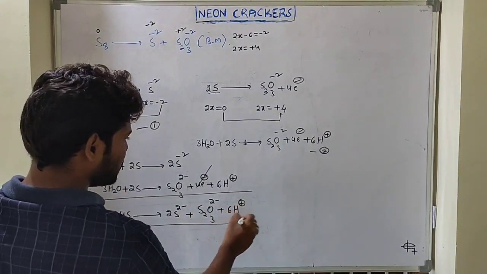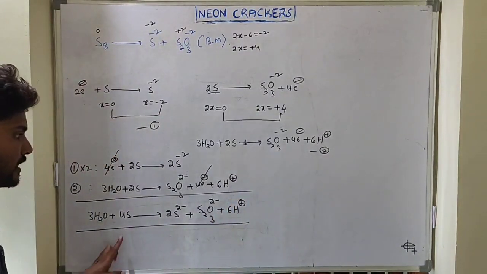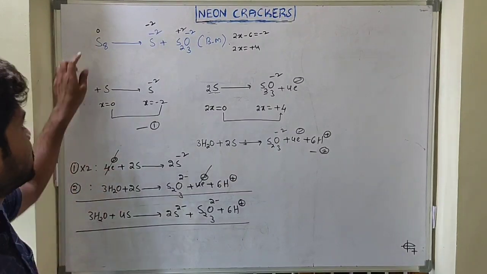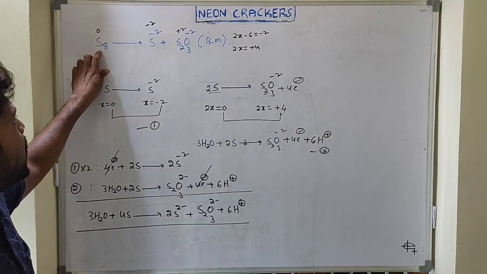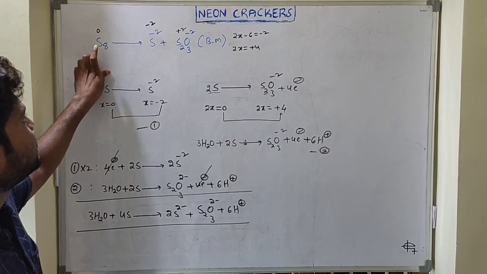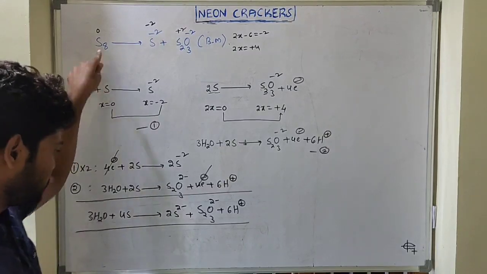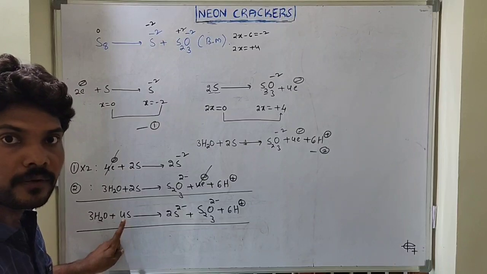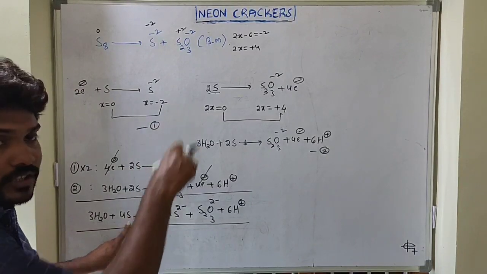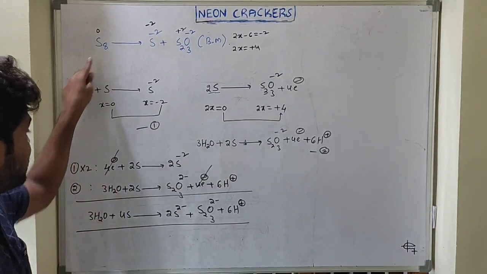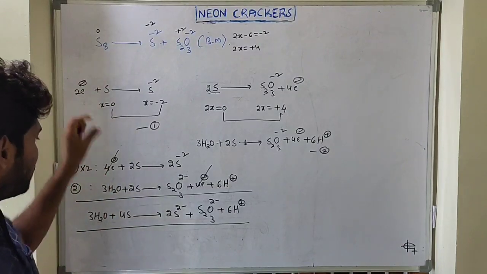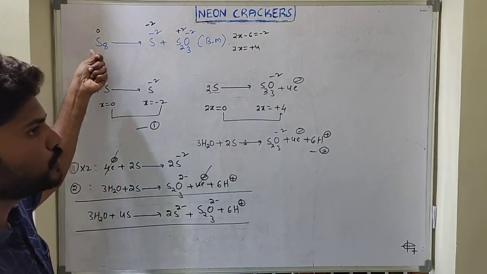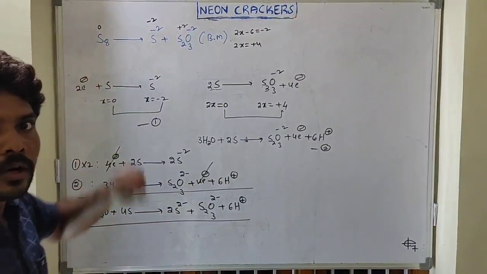This is balancing the equation in acidic medium, but it is not exactly the balanced equation, because the S8 polyatomic molecule contains 8 sulfur atoms, but in the last equation we got only 4 sulfur atoms. I told you, only if we maintain the same number of atoms can you write the same number of atoms as 1 polyatomic molecule.